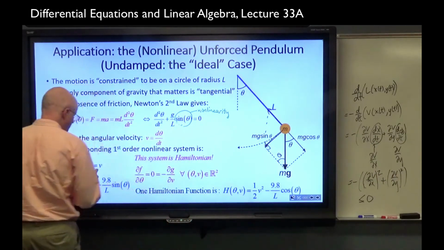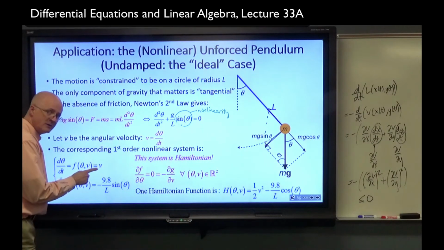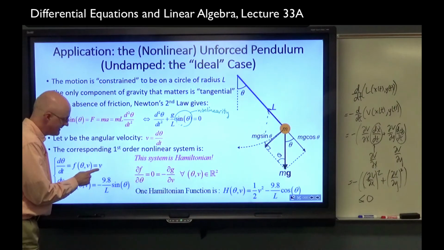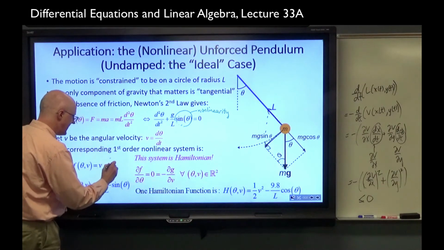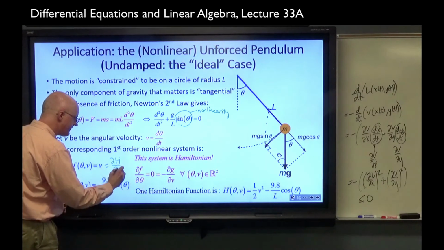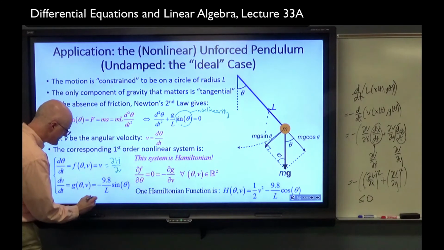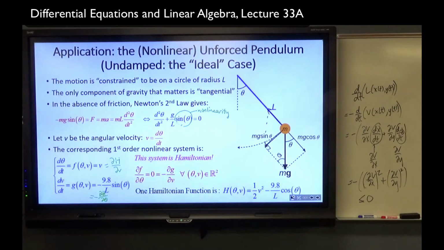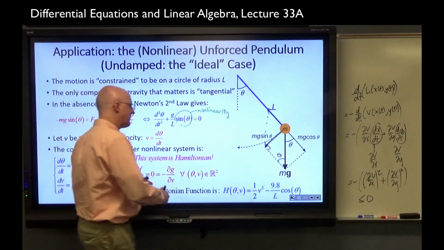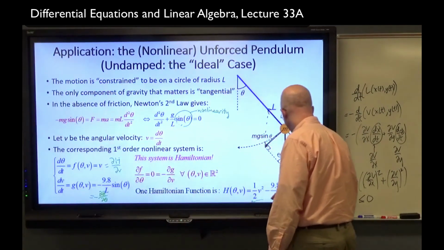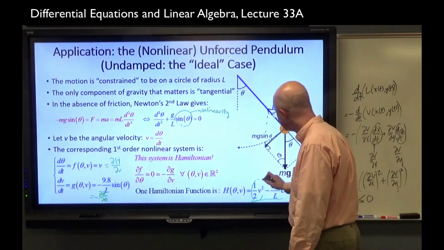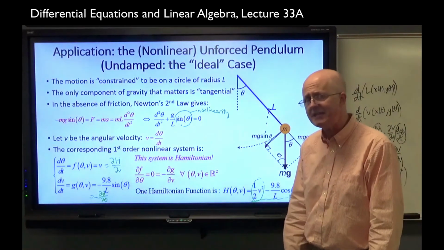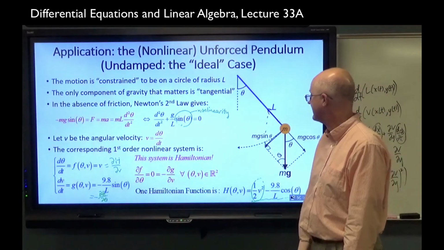This should be the partial of the Hamiltonian function with respect to the second variable, which is v. This is going to be dh dv. And this is going to be the opposite of the partial of h with respect to the first variable, which is theta. Theta is like the x, v is like the y here. Integrate appropriately, you'll get this. And certainly that seems kind of similar to kinetic energy. Yeah, and if m was 1, it would be kinetic energy.